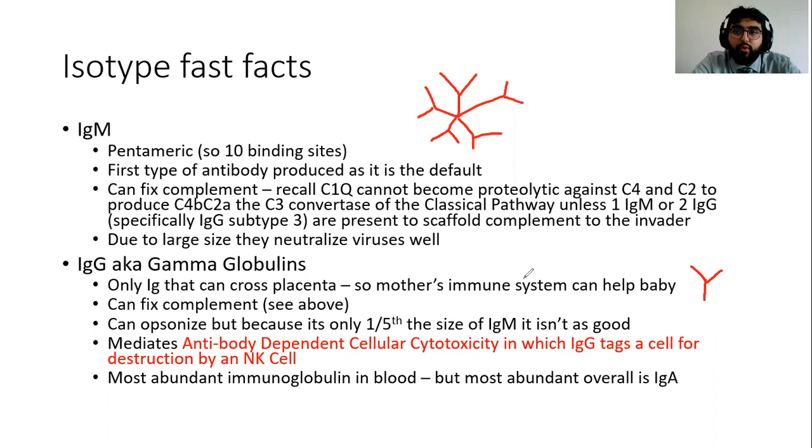Fortunately, because of the advent of RhoGAM, it's not as much of an issue today, but usually if there's blood type incompatibility between the mother and the child, on the mother's second pregnancy, that child could actually be targeted by the mother's IgG molecules, tagging a lot of the developing child as a foreign and dangerous substance to be attacked.